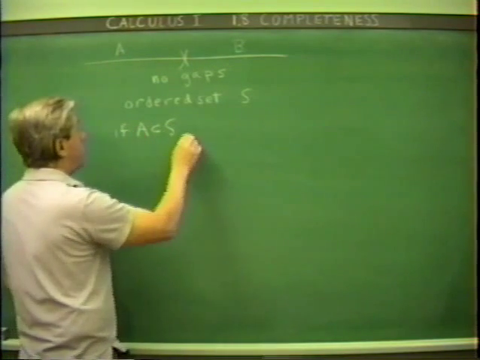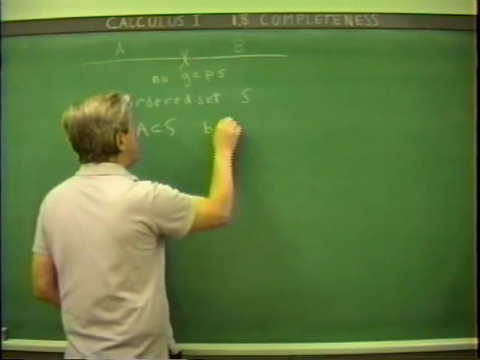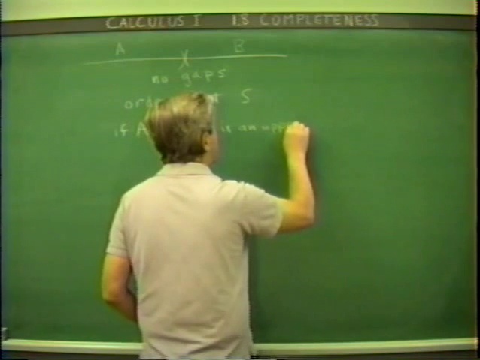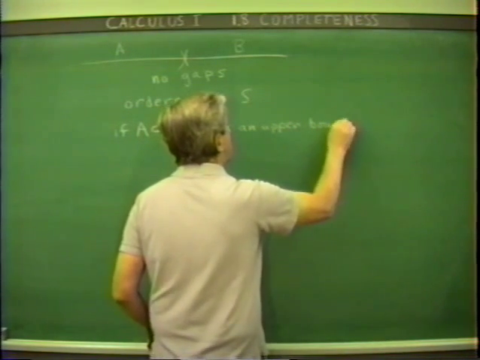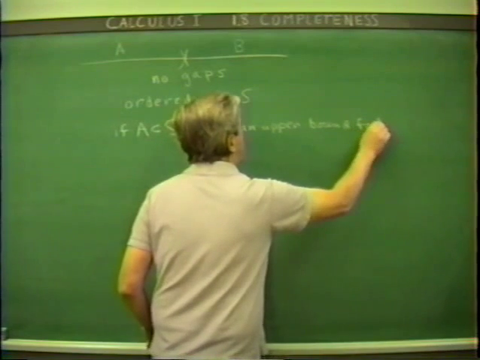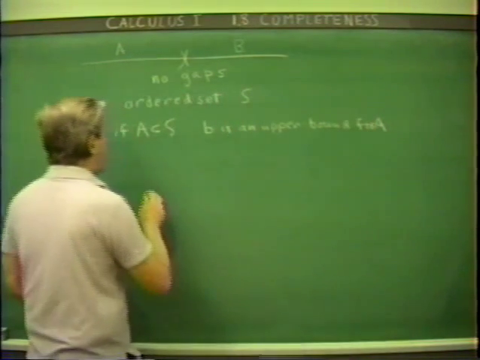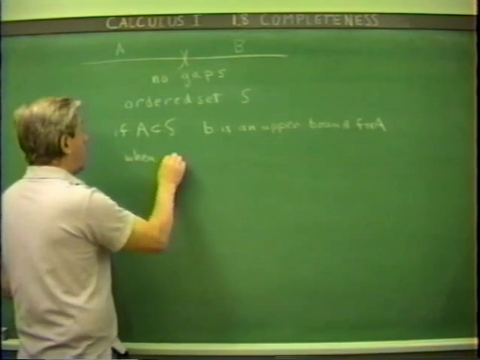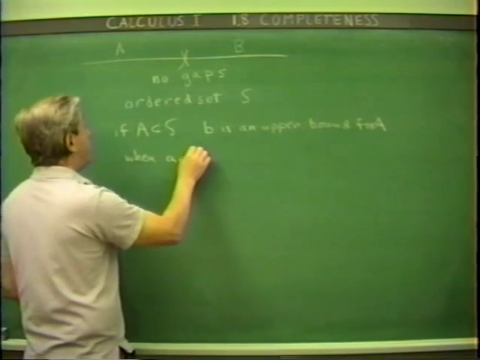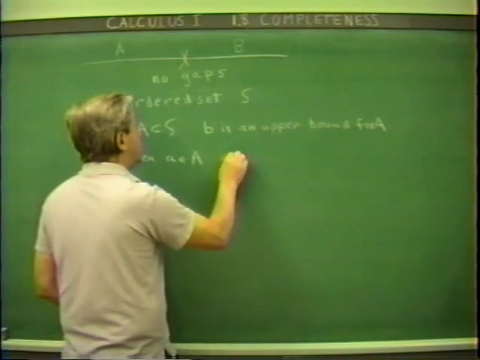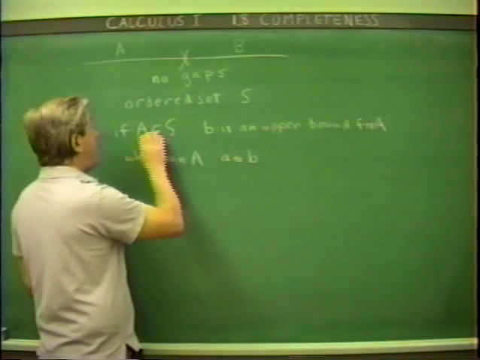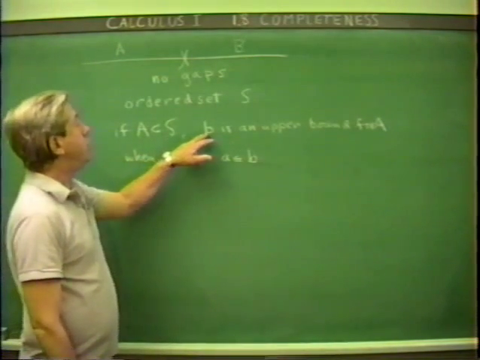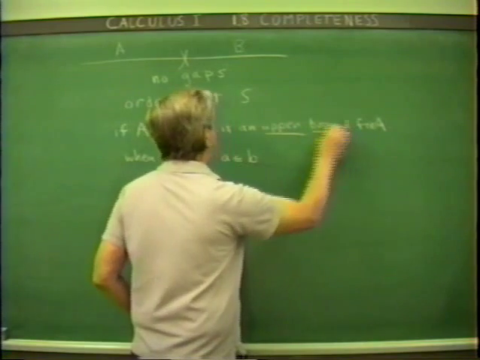We're going to say that if A is contained in S, then B is an upper bound for A if, when any element a is chosen from A, then a is less than or equal to B. The element B may belong to S, but it doesn't have to.